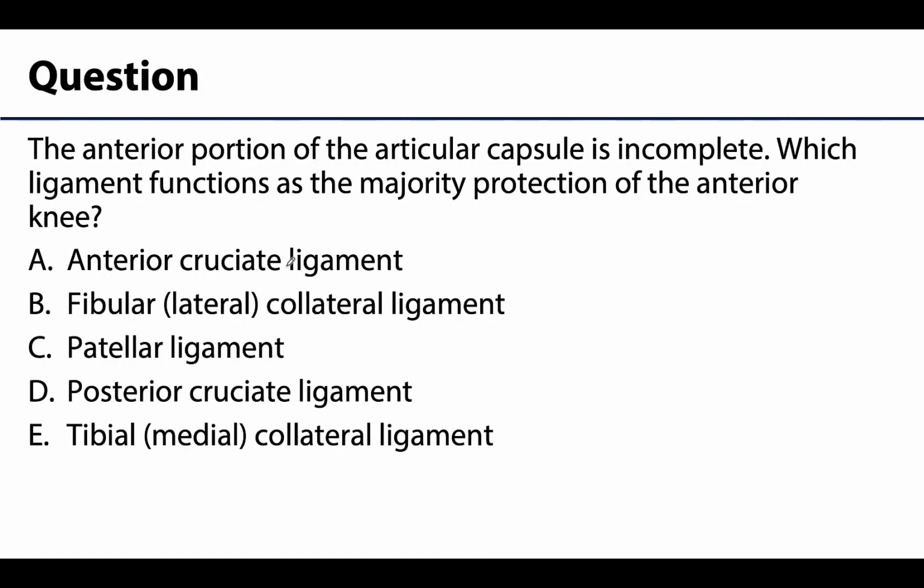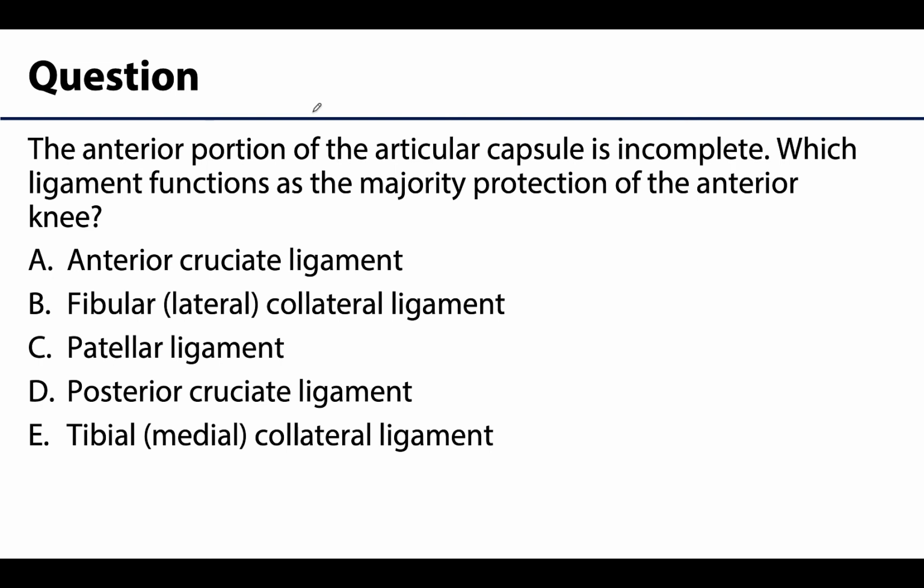All right, excellent. So that is the hip and the knee joint, some of its highlights. So let's go over this question together. The anterior portion of the articular capsule is incomplete. Which ligament functions as the majority protection of the anterior knee? Is it the ACL, the fibular or lateral collateral ligament, the patellar ligament, the posterior cruciate ligament, or the tibial/medial collateral ligament?